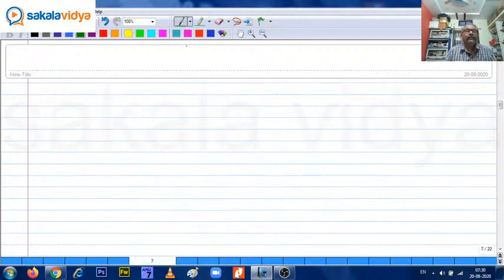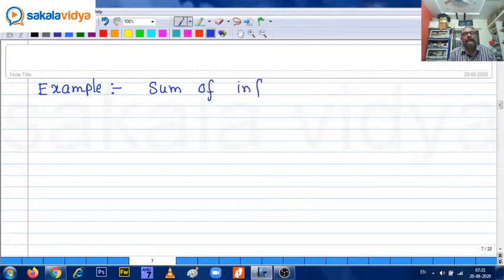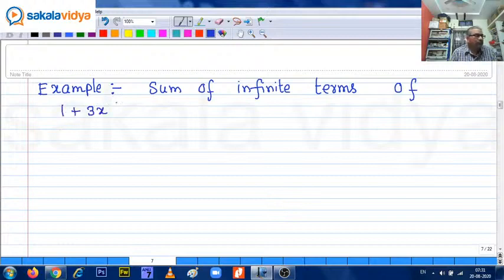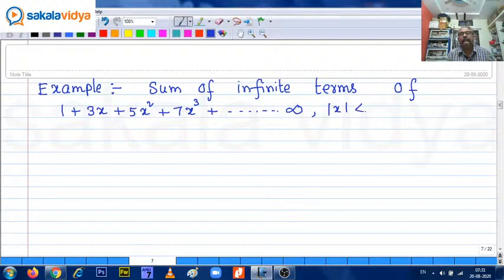Next now, one example let us discuss. Example: sum of infinite terms of 1 plus 3x plus 5x square plus 7x cube plus dash dash infinity, mod x less than 1 is.